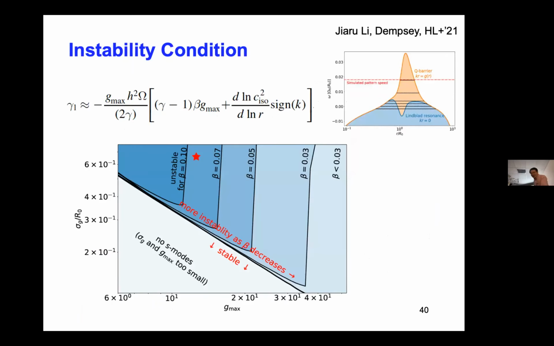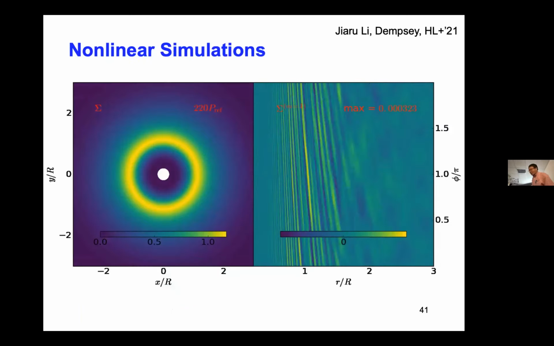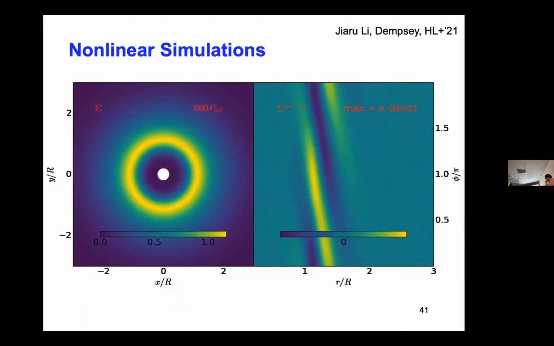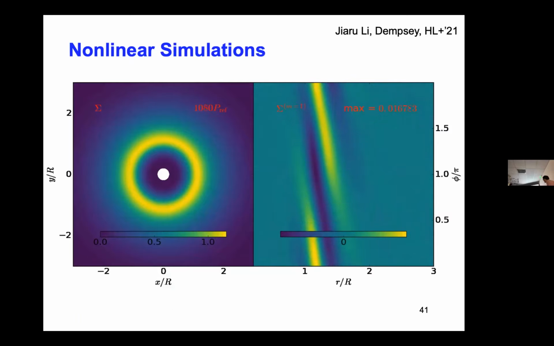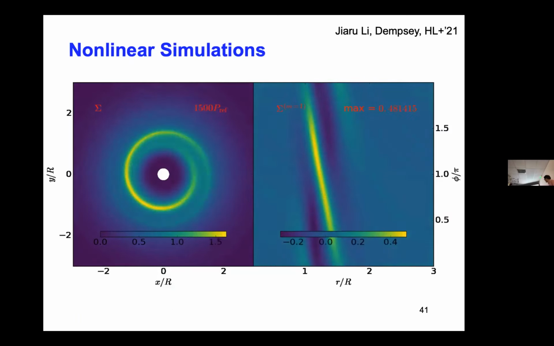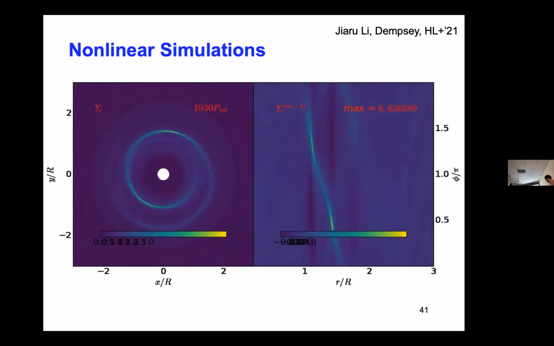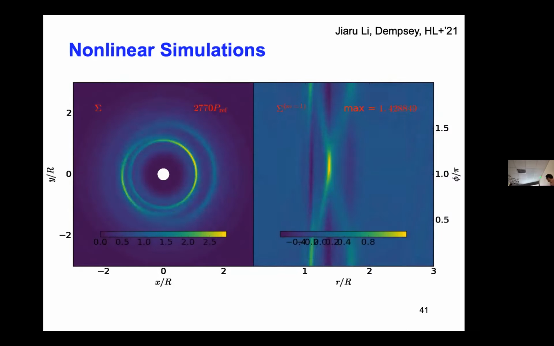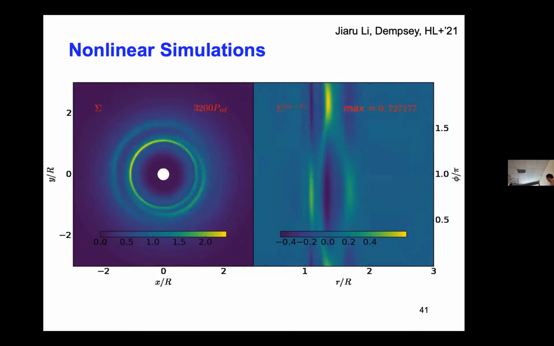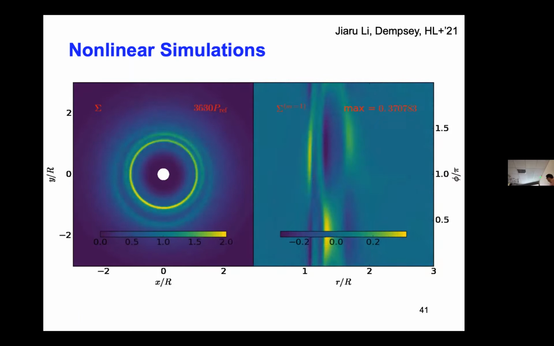We already kind of mentioned this, the brochure. So this is what happened. You can see the spiral modes grow, be destabilized. This is sigma. This is the mode 1, m equals 1. And you start seeing the ring appearing.